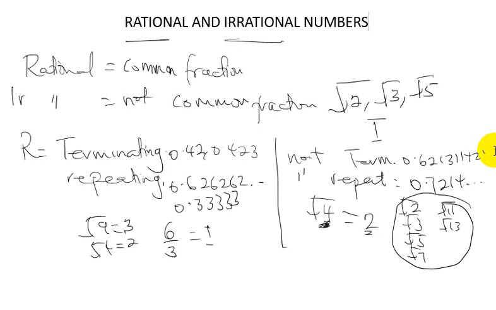Whenever we have a fraction or a square root number, to determine whether it is rational or irrational, we have to use our calculator to type it in. Then the decimal that we get, we qualify that to be what? Rational or irrational. This is a short video on rational and irrational numbers, and I hope you enjoyed it.